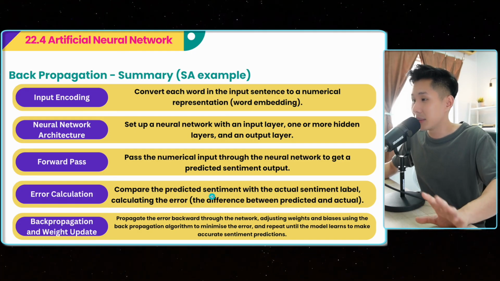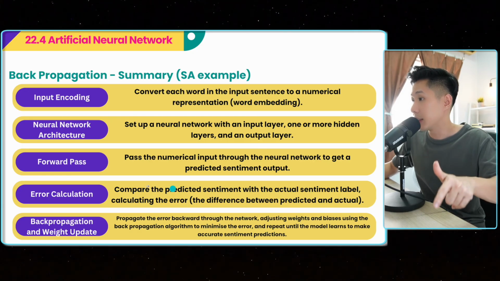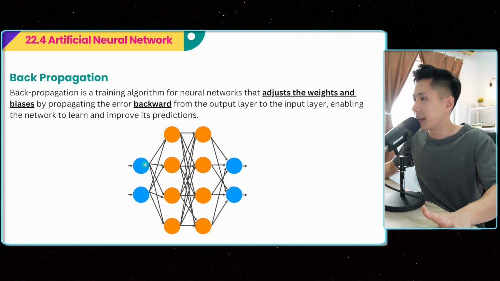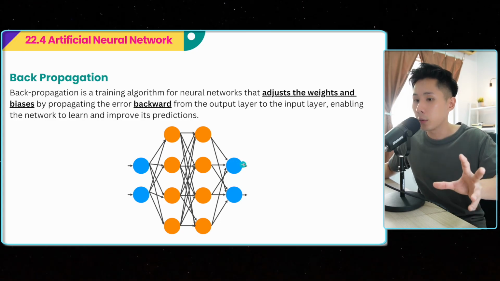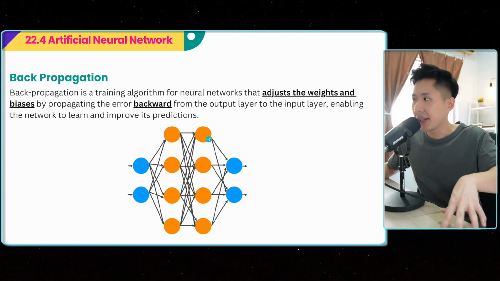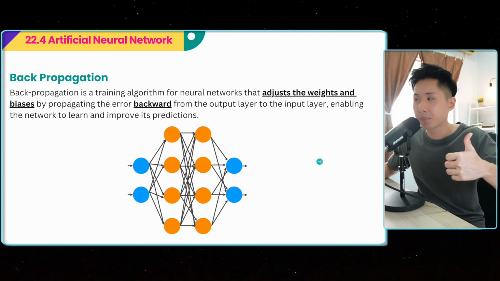And we are not done yet. Compare the predicted sentiment with the actual sentiment label. So if, let's say, I input a message, I'm happy, and then they feed in here, but then the output is, this is a sad message. Then the algorithm will know that they need to adjust the mathematical function in order for it to produce an output of, this is a positive sentiment.